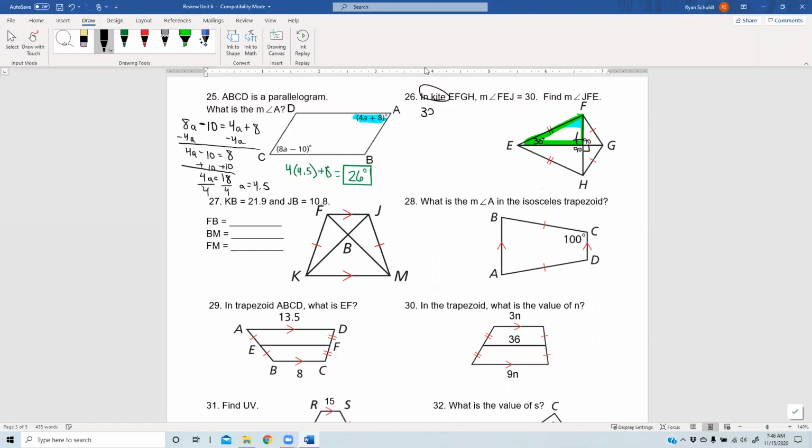Let's add them up and subtract from 180. It's going to be 120. 180 minus 120 is 60 degrees. There's my angle. This angle up here is 60.